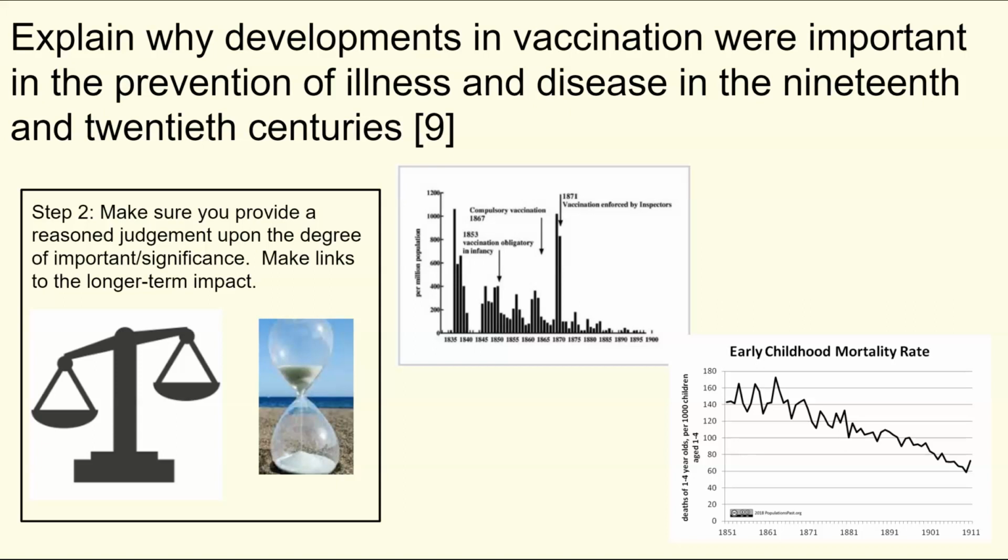You are indicating that this could be changing for the 21st century and beyond. But you can quite confidently claim that the impacts of vaccinations in the prevention of illness and disease in the 19th and 20th century showed an increase in life expectancy and a decrease in child mortality rates.